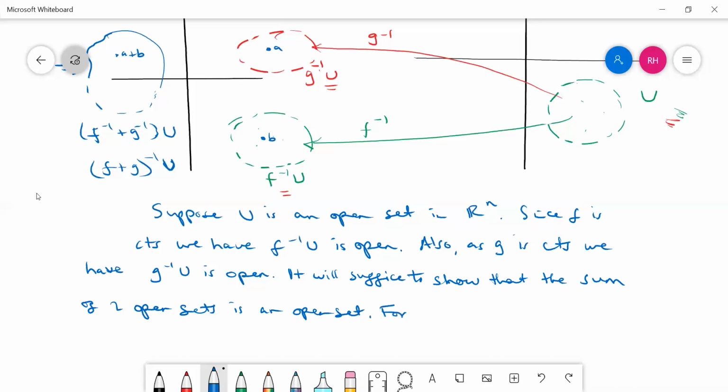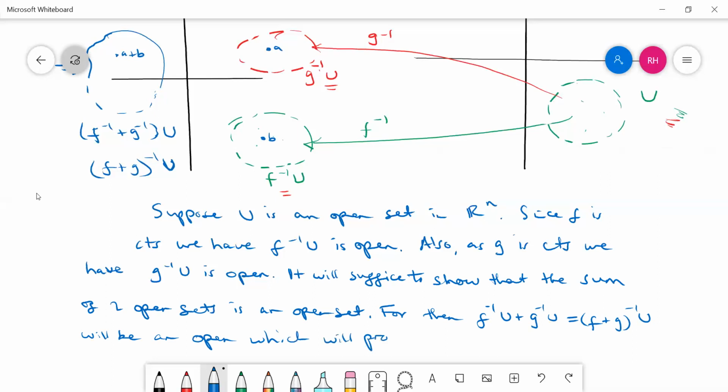For then f negative 1 of U plus g negative 1 of U, which is equal to the inverse of f plus g, of U, will be an open set, which will conclude the proof.